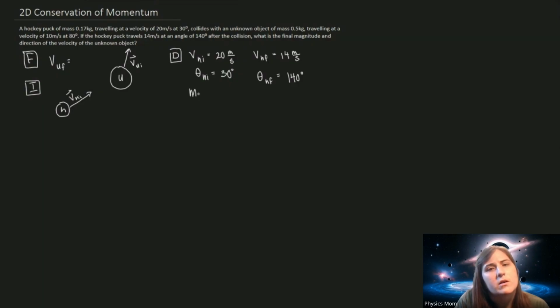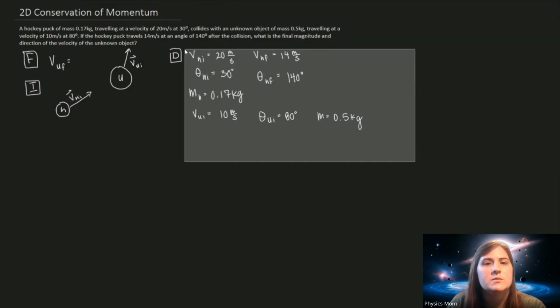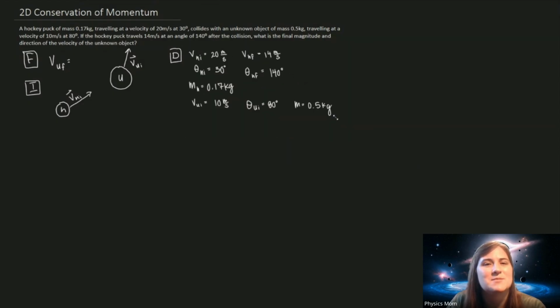The mass of the hockey puck is 0.17 kilogram. The unknown initial velocity is 10 meters per second. The unknown initial direction is 80 degrees. And let's write it up here because we're going to need the space. The unknown mass is 0.5 kilograms. And again, because I know we need the space, I make these really small so we can see them there. So those are my data points.